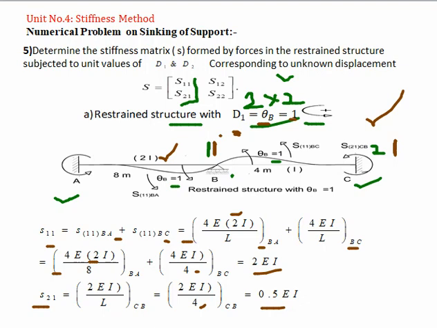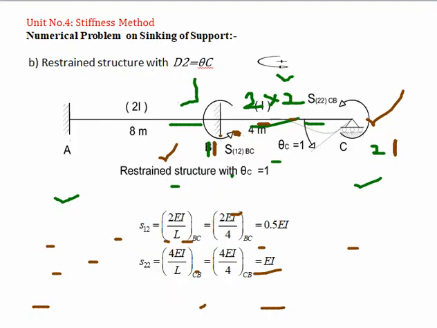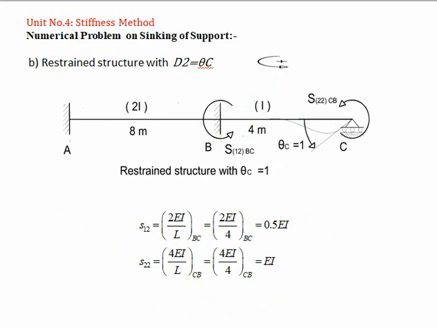Now apply the unit rotation in the direction of the second coordinate. Our second coordinate is theta C, let's call it d2, and apply the unit rotation in the direction of theta 2 in the anti-clockwise direction.